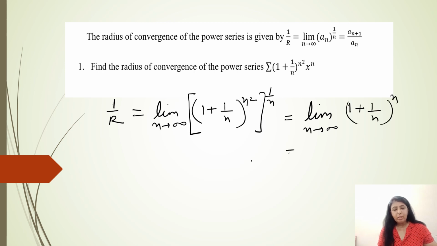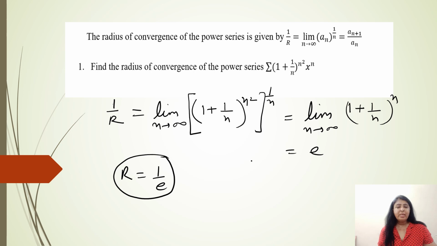Now this is equal to e. We know that this is a fixed result. So our r will be 1 by e. So it depends upon the question which formula you will apply, whether it is a n raised to power 1 by n or a n plus 1 divided by a n. So in this way we can find the radius of convergence of the power series.